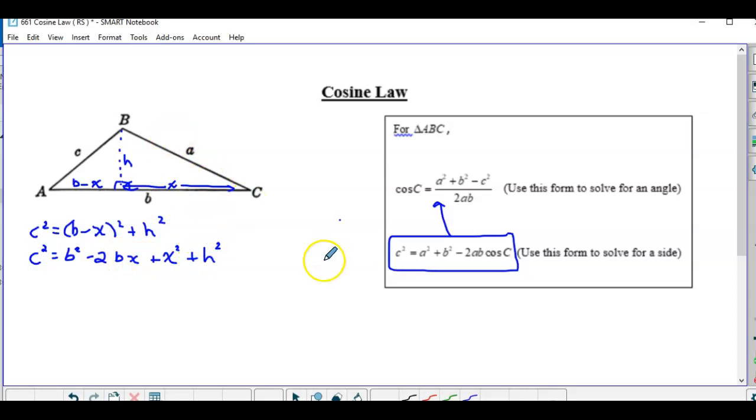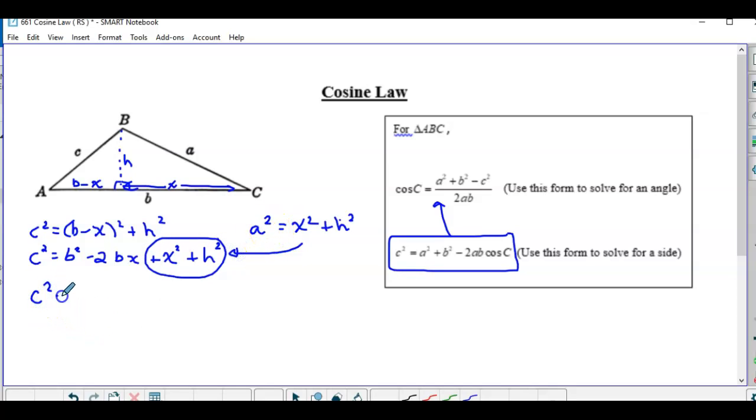In my other right-hand triangle, I've got Pythagorean theorem says a squared equals x squared plus h squared. Well, take a look. Here is x squared plus h squared. So that means I can replace that with a squared.